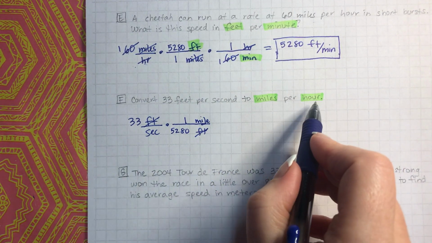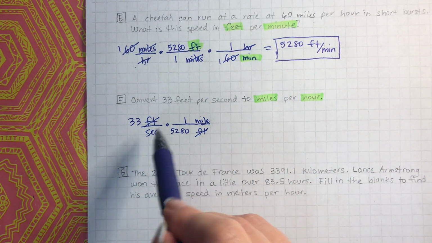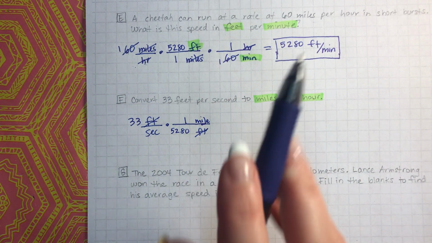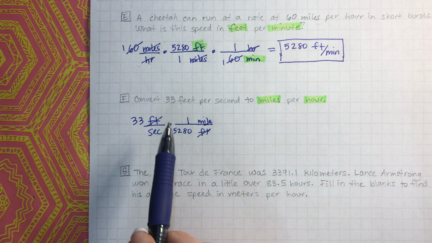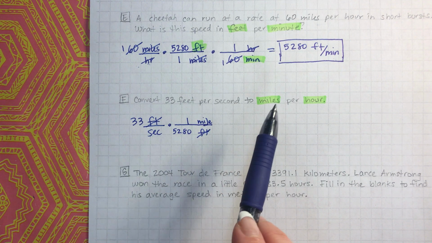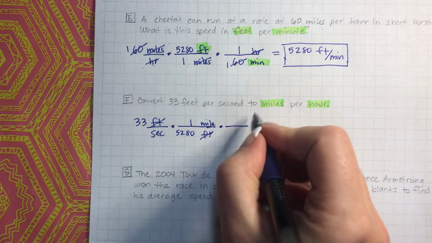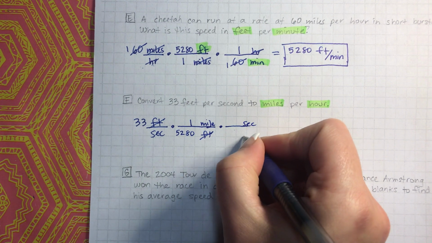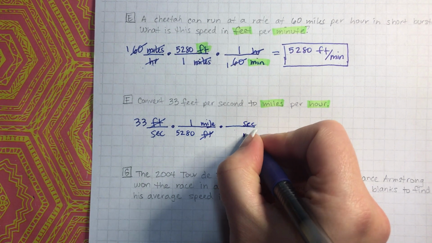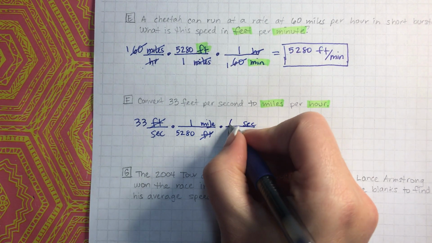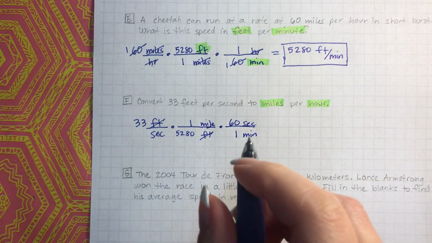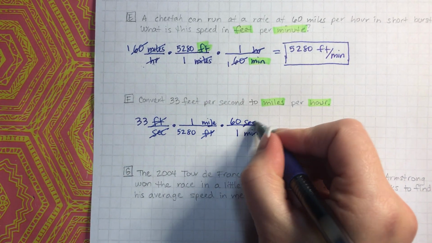And then we just need to get to hours. Do we know a relationship between seconds and hours? We do not, but we know there's a relationship between seconds and minutes, and minutes and hours. So we're going to go that route. So seconds goes diagonal. There are 60 seconds in 1 minute, right? So those seconds are going to cancel out.